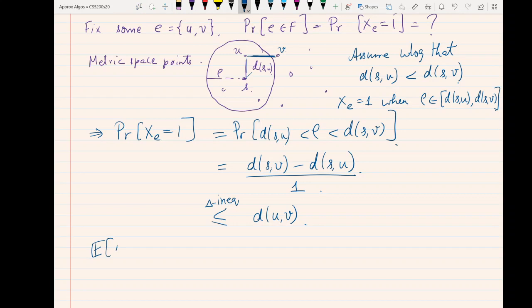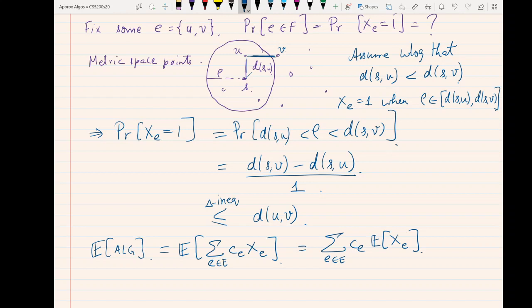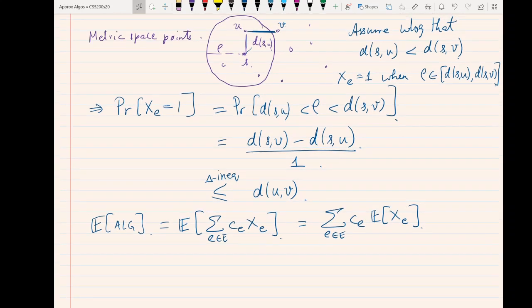The expected cost of the edges cut by the algorithm is simply the expected value of the summation over all edges e in E of c_e x_e, which is the summation over edges of c_e times the expected value of x_e, which we know is less than or equal to the summation over e in E of c_e d of uv, which is equal to Z_LP.